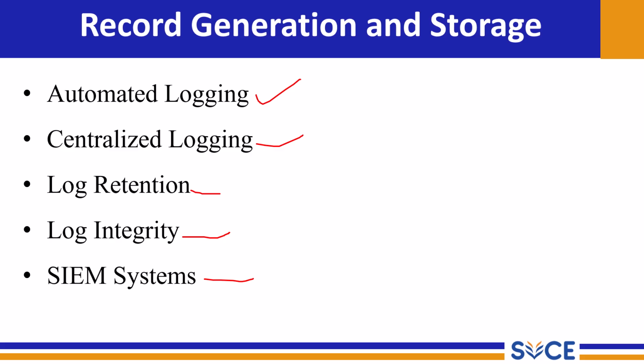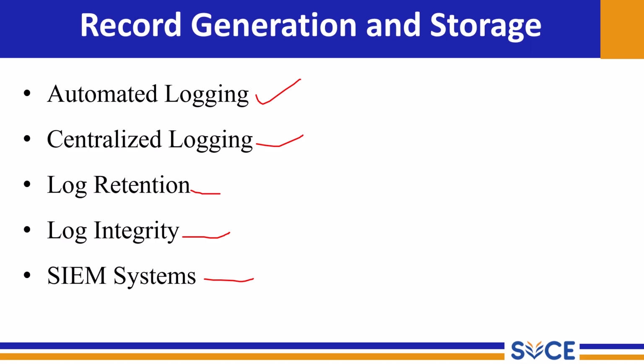Next, potential for sensitive data logging: if not configured carefully, record generation processes might inadvertently capture sensitive data, for example personal information or API keys in logs, creating security as well as compliance risks. And impact on application logic: in some cases, integrating record generation mechanisms into an application might require code changes, potentially increasing development effort as well as introducing the risk of bugs.